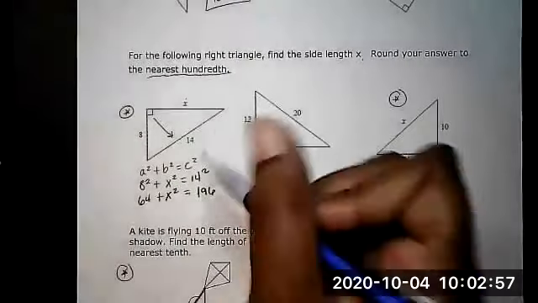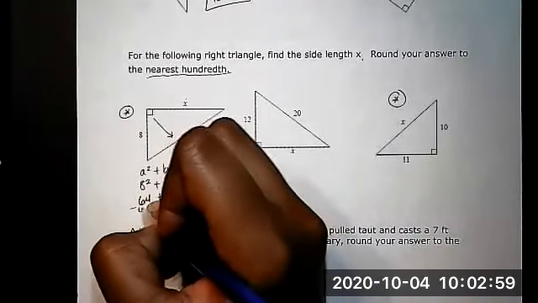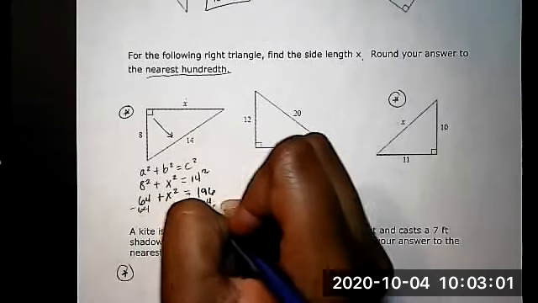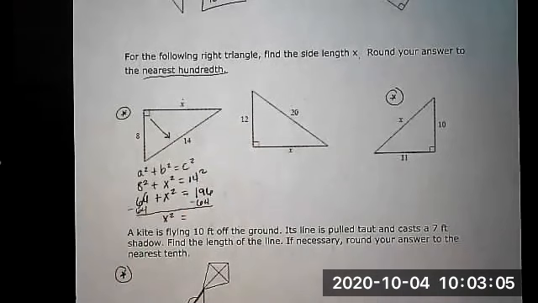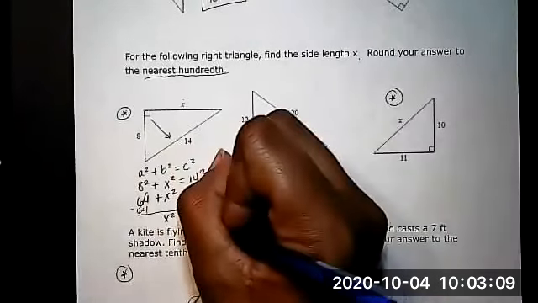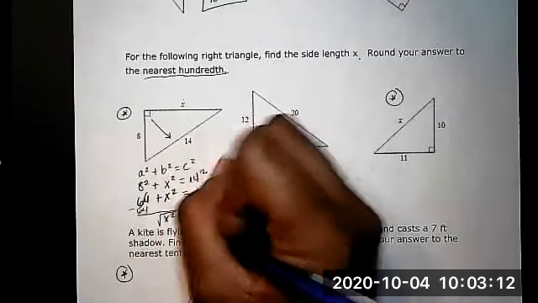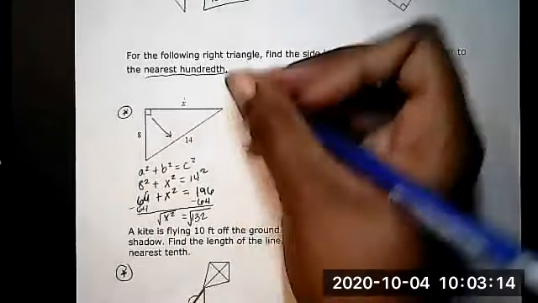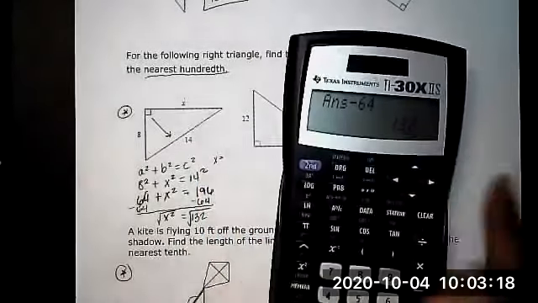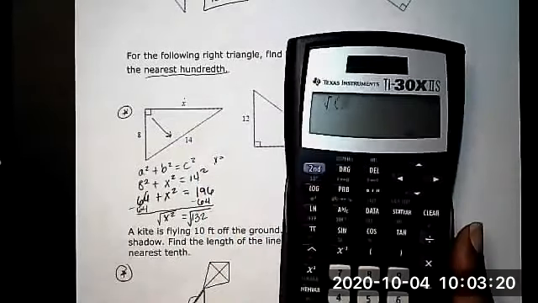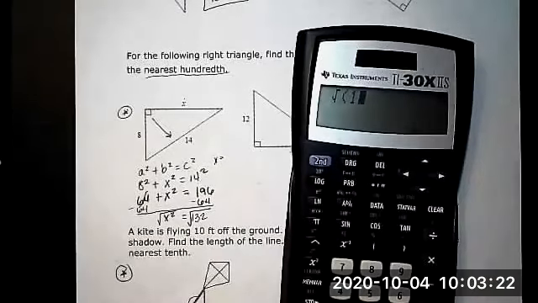Then I'm going to subtract 64 from both sides, so I can get my x squared by itself, because I need to take the square root. So it's going to be 196 minus 64, which is 132. Then I take the square root, because I need the x by itself, so x is equal to the square root of 132.